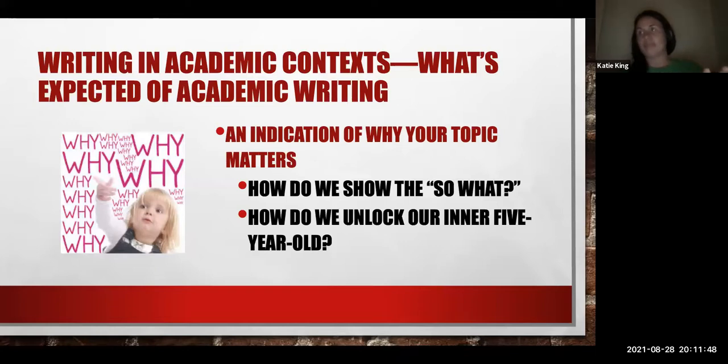Think about if you have a kid or a sibling or a cousin or even yourself. Think about a 5-year-old. And when you tell a 5-year-old that they can't do something or they can't have something, maybe it's candy, maybe it's riding on a motorcycle, whatever. What is the first thing that that 5-year-old says?